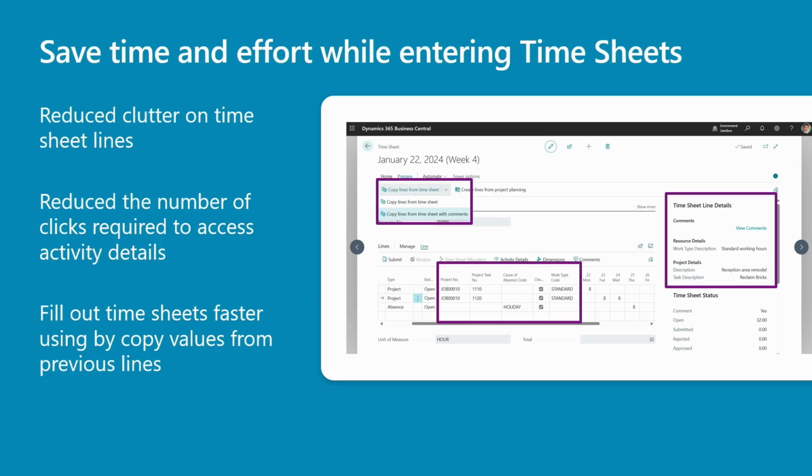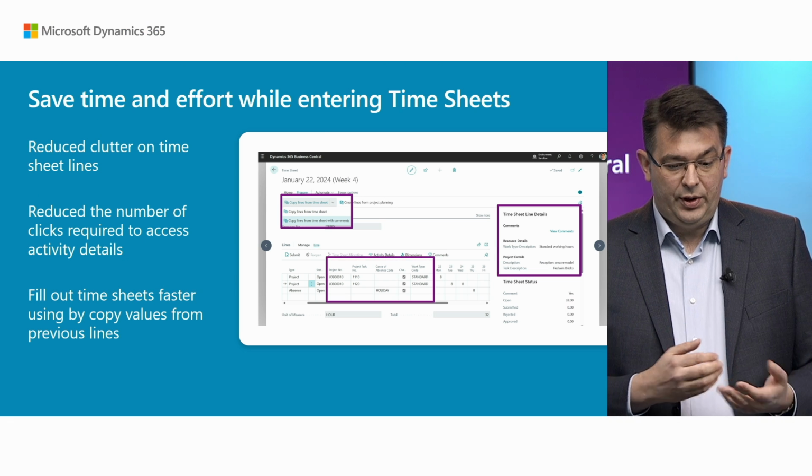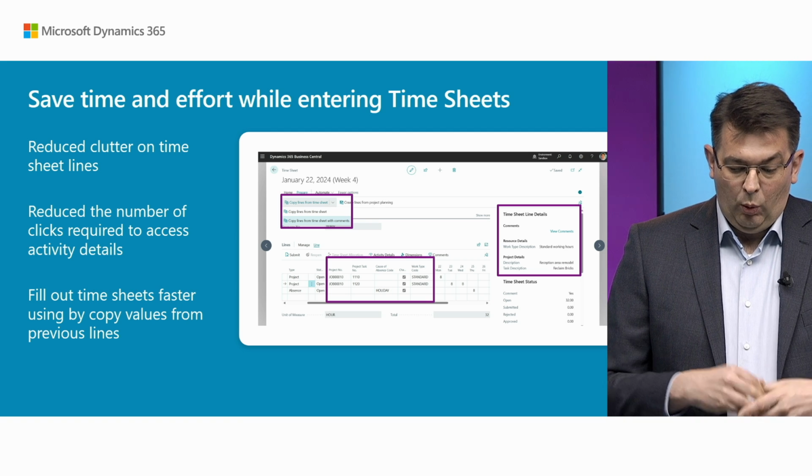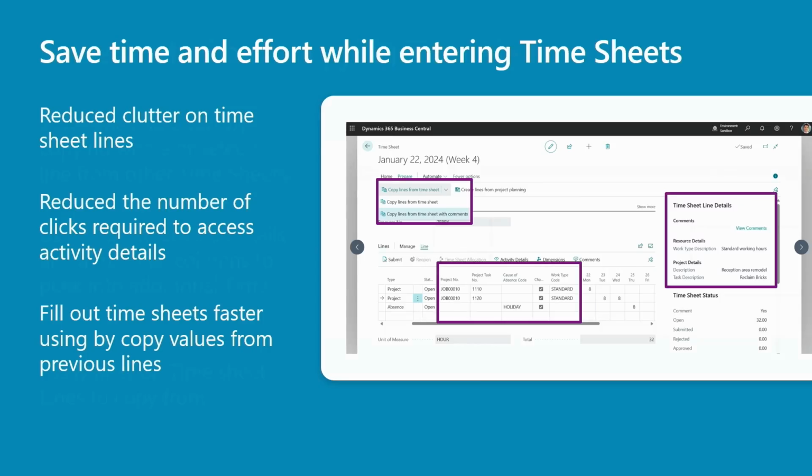Showing columns based on the setup has the following benefits. It makes the timesheet much easier to read, much easier to understand, and it actually reduces time while entering timesheets, because you can use keyboard shortcuts to easily copy values from the previous lines.